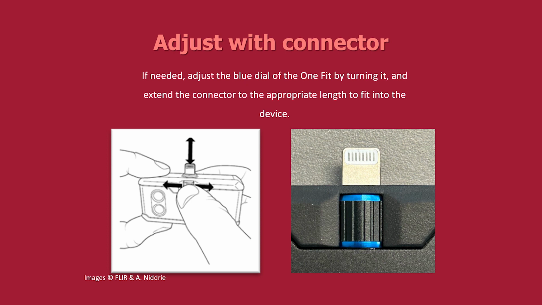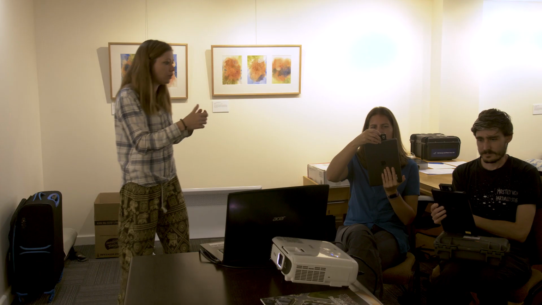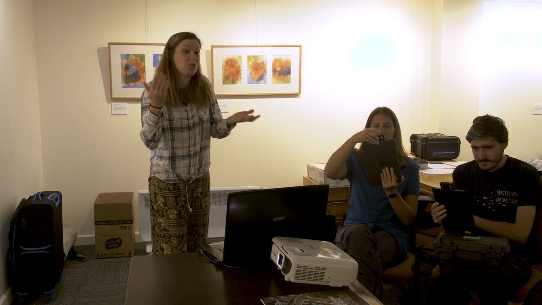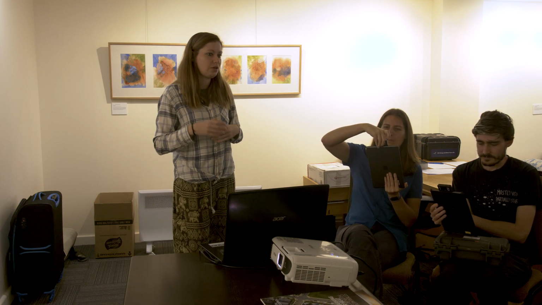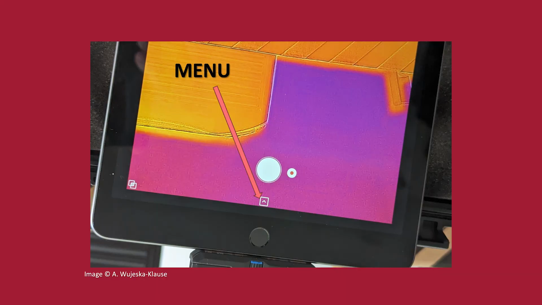For example, if there is a protective case on the iPad and you need more space, you will need to extend it. It's also a good idea to avoid that gap between the devices. Again, this is more of a safety issue. If you are walking and you knock the device, it may break that connector. So just a tip for the future that you can adjust that connector.